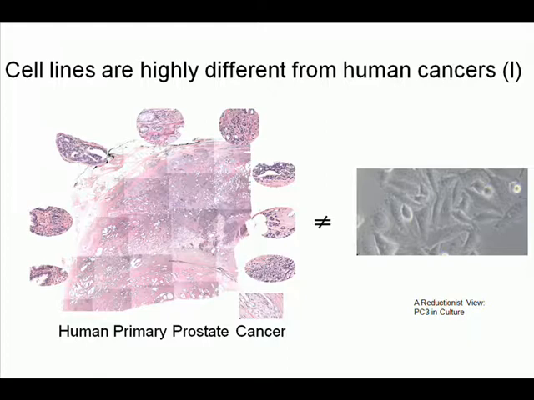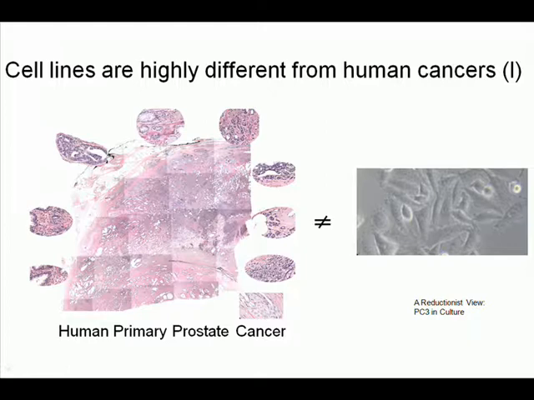But look at how different cell lines are from a real human tumor. In this picture, I just gathered a corner of a prostate cancer specimen. At higher magnification, you can see benign tissue mixed with cancer, carcinoma in situ, low-grade prostate cancer, and then gradually all the way to perineural invasive cancer.